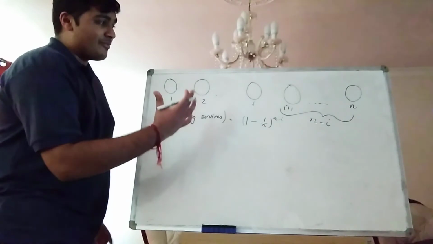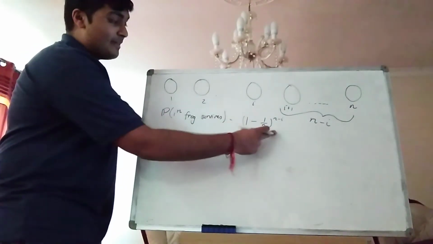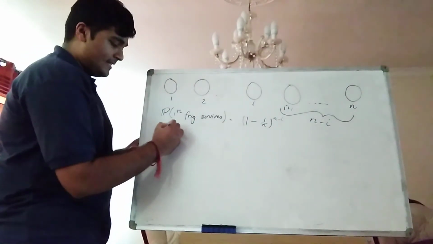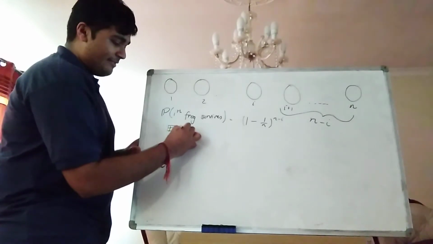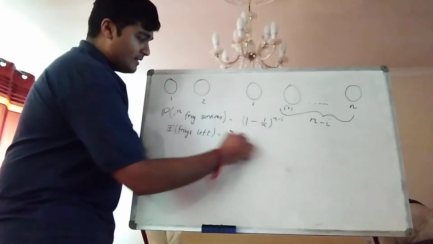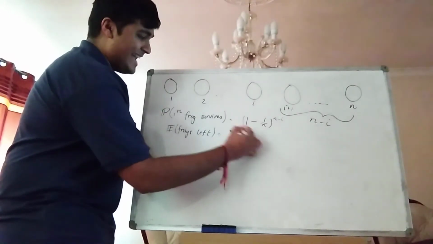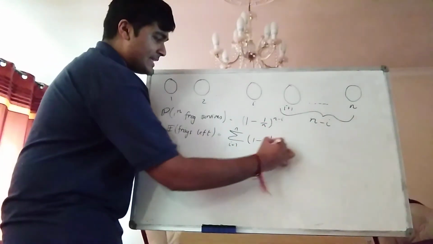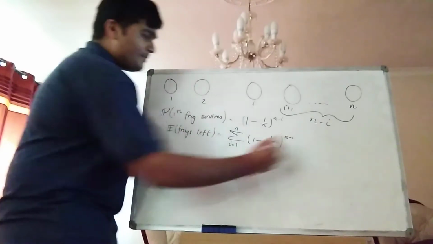So the expected number of frogs left is simply the sum of this over all the possible i's. So the expected number of frogs left is the sum from i equals 1 to n of this thing here, and let me just explain why that's the case.